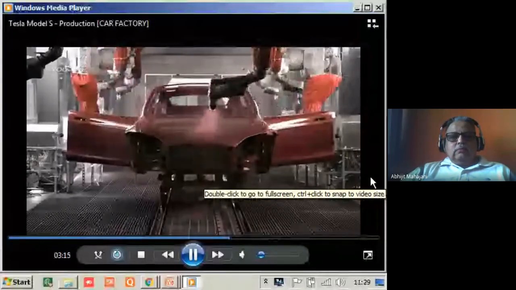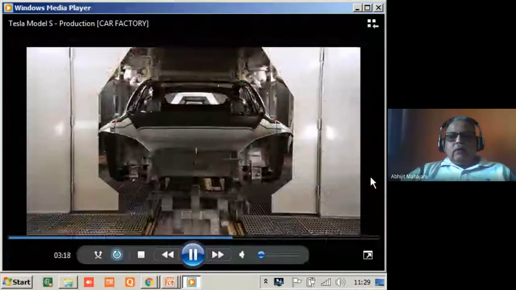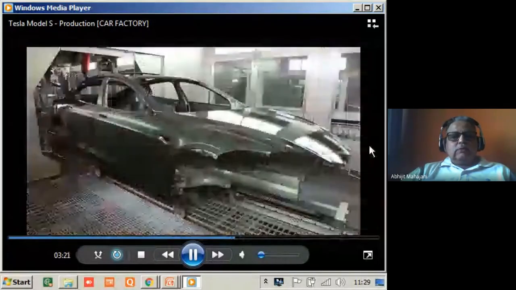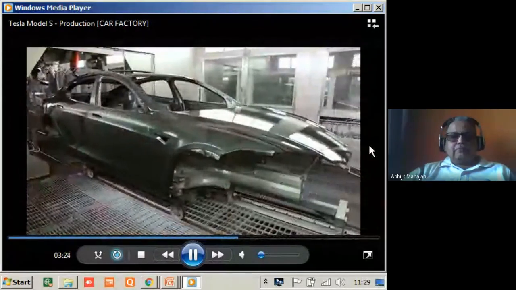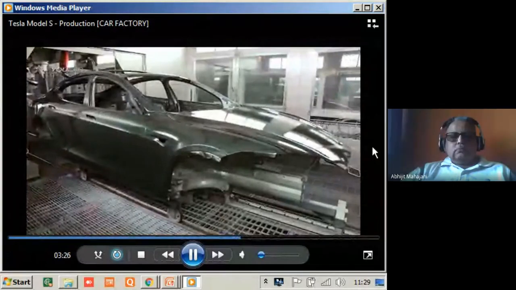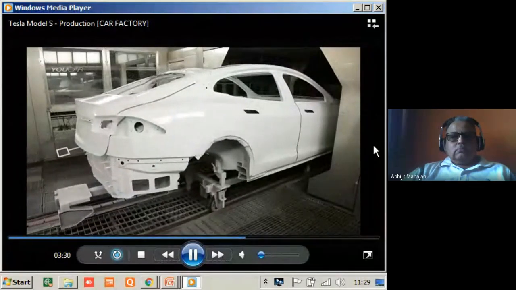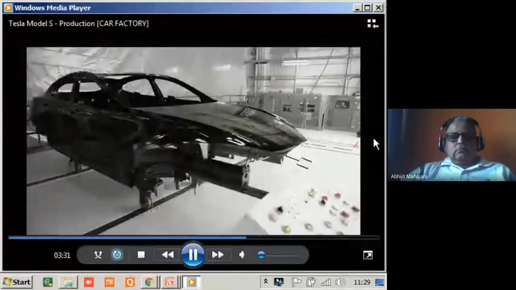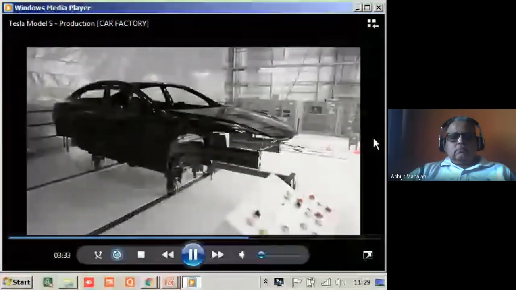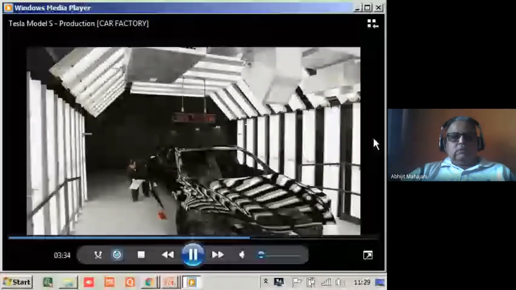After the painting, you will find another manual inspection stage. Here it is being manually inspected.